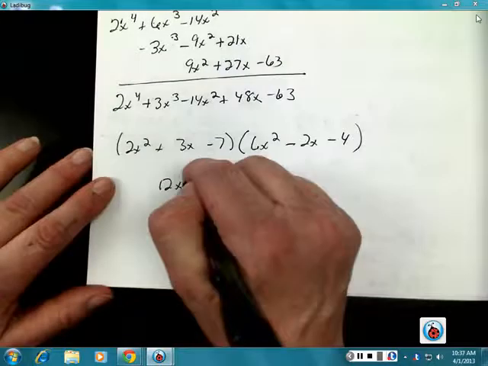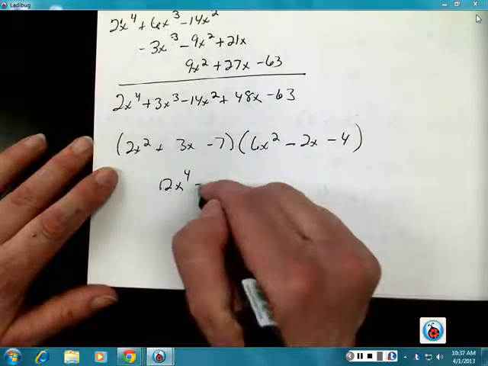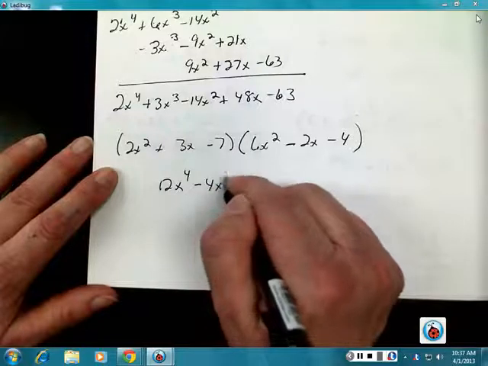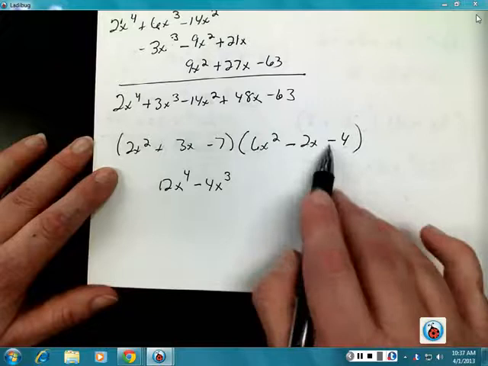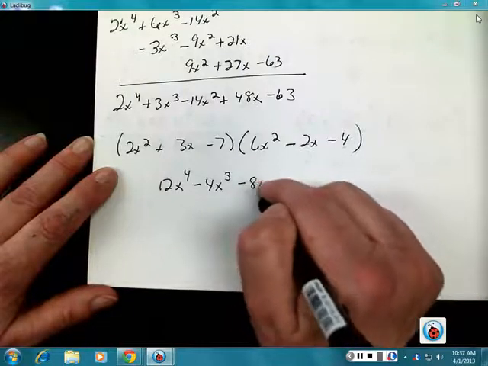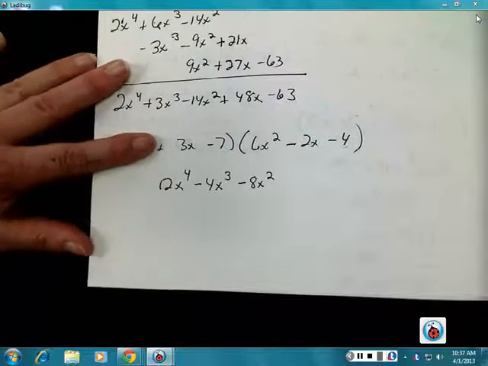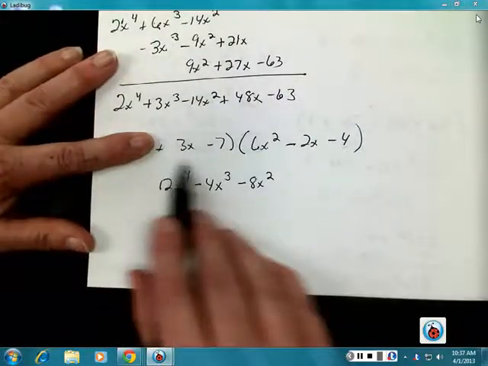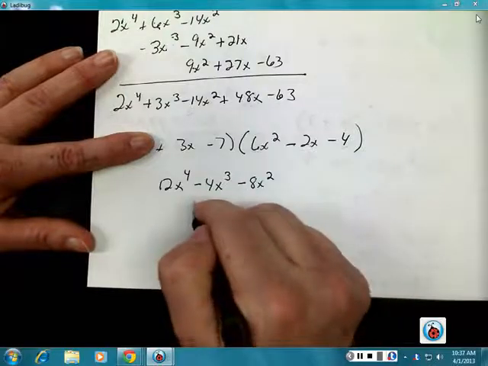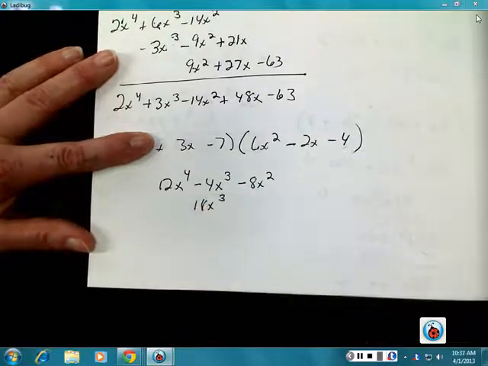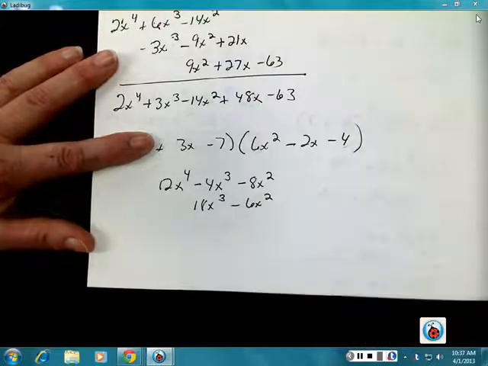12x to the 4th, right? 2x squared times a negative 2 is a negative 4x to the 3rd. 2x squared times a negative 4 is a negative 8x squared. Cover that one up. Now I got to move to my 3. 3x times 6x squared is 18x cubed. 3x times a negative 2 is a negative 6x squared.